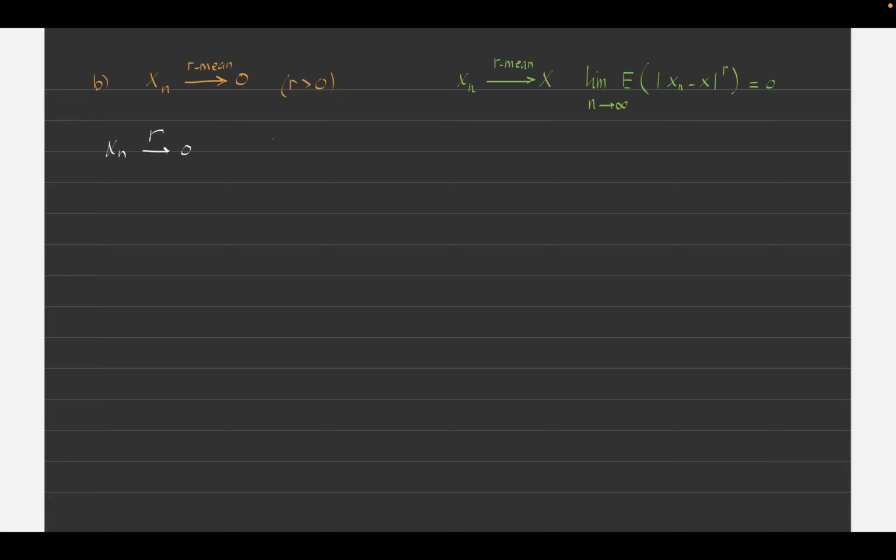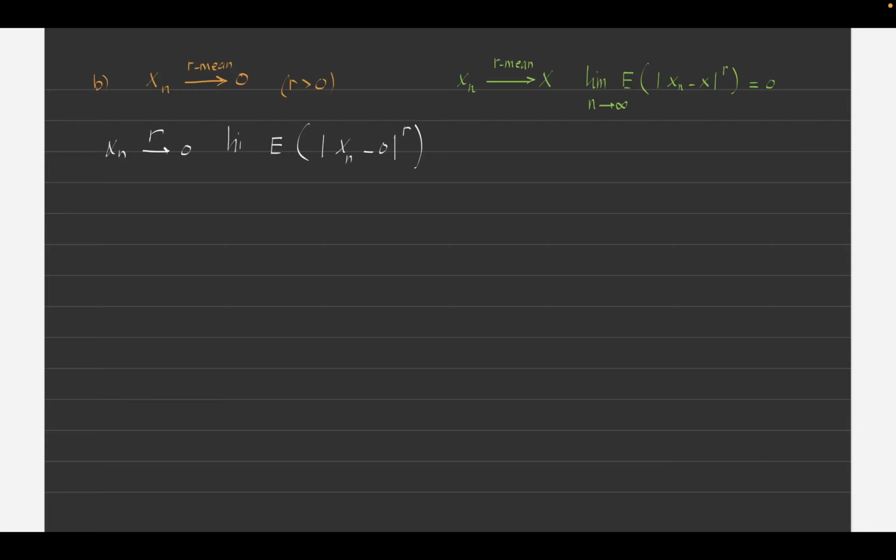So let me calculate E of the absolute value of xn, where I have already chosen my n, minus 0, to power r. This becomes a number.